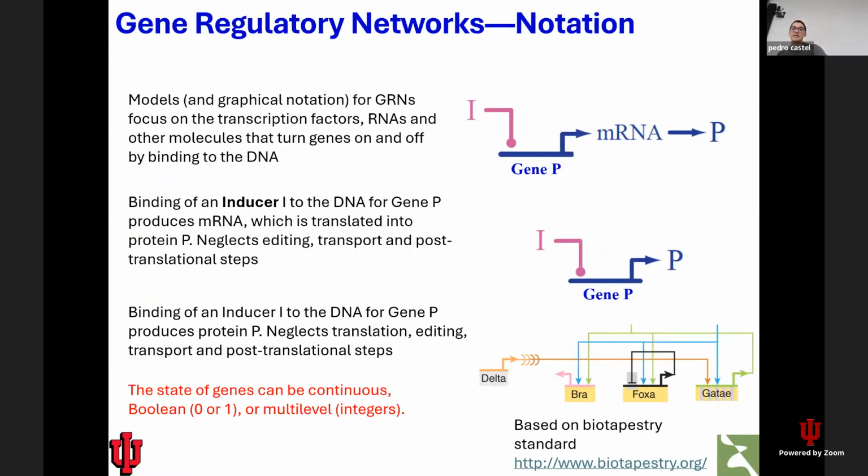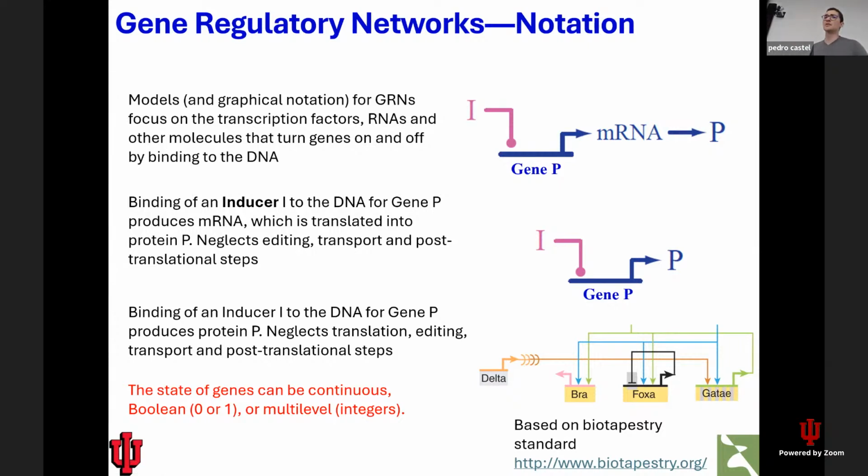So this is the notation of the gene regulatory networks. You have a node representing the gene, and then you have an input, I, or inducer. And this inducer is making the gene produce the mRNA. So this is the transcription part.